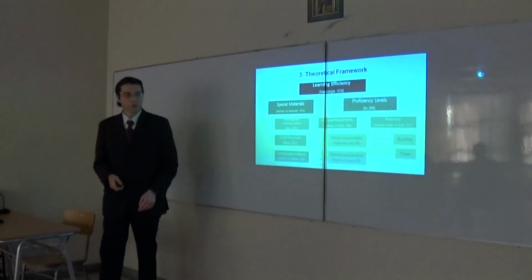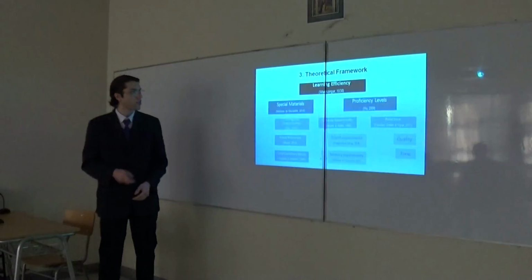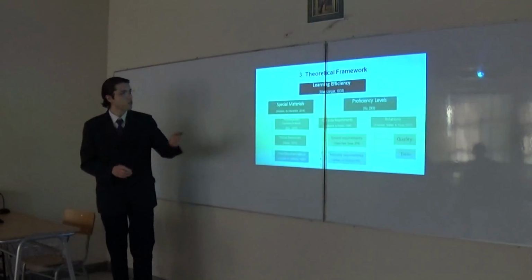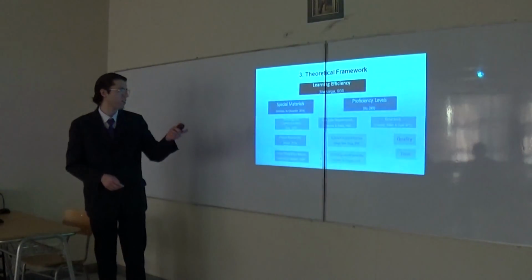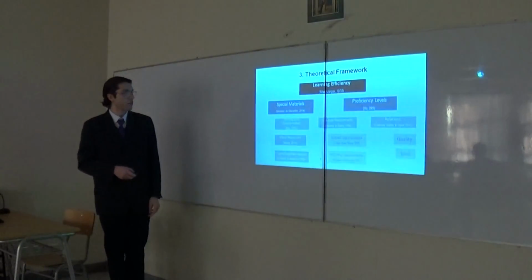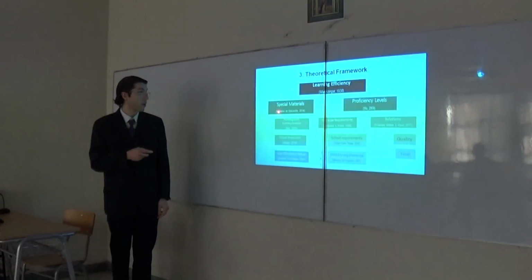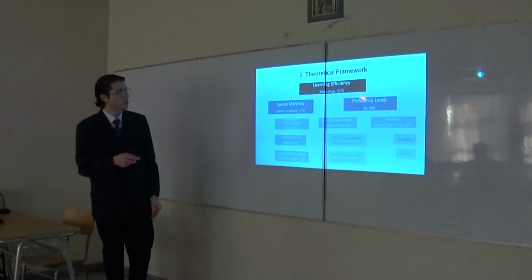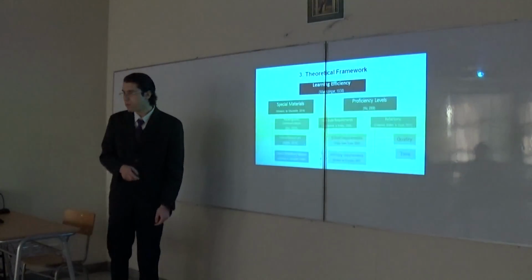And this is my theoretical framework. As you can see, learning efficiency is justified by Munsinger in 1938, and it covers 2 main elements: special materials by Ministerio de Educación, proficiency levels by WU.